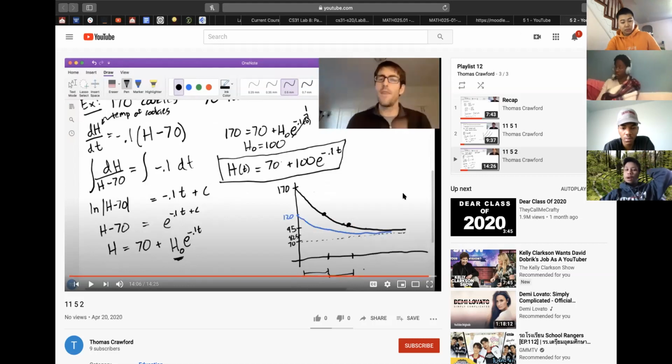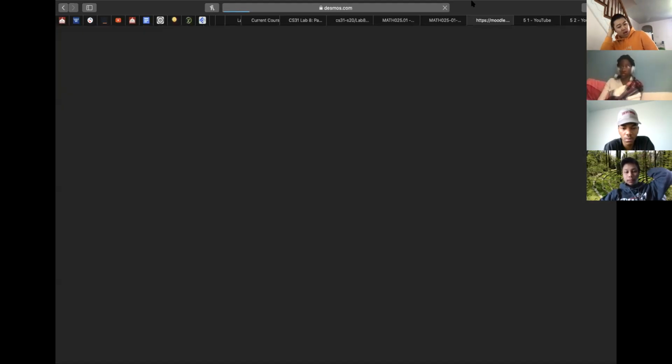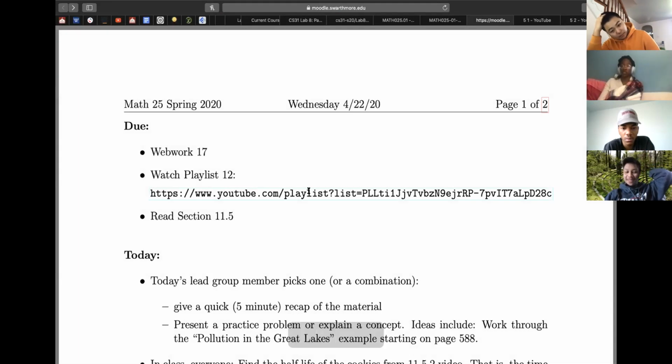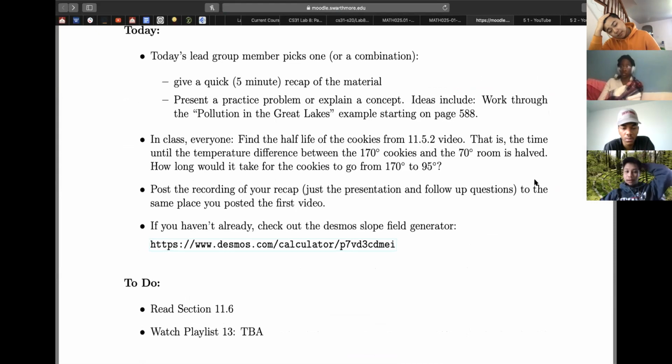And so from this equation, Tom wanted us to evaluate basically the half-life of the function, of the cookies from this video that I just discussed.